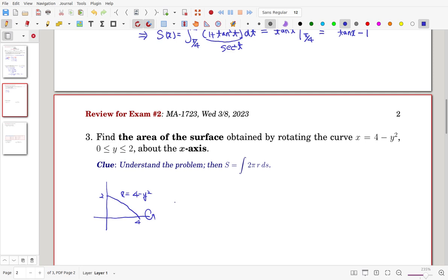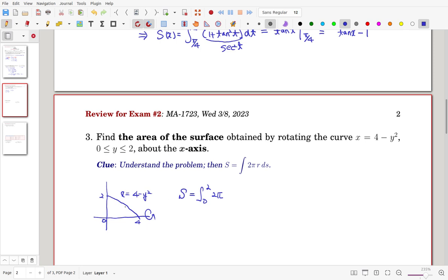Okay, so let's try to do y integration. y is moving now from 0 to 2, right? Okay, so it's from 0 to 2, and now 2 pi, once it is rotated.